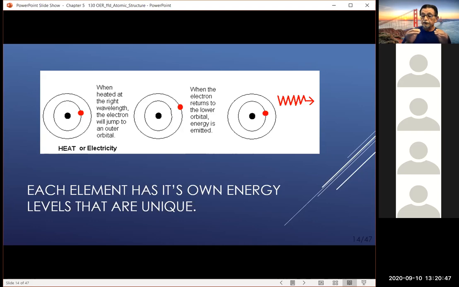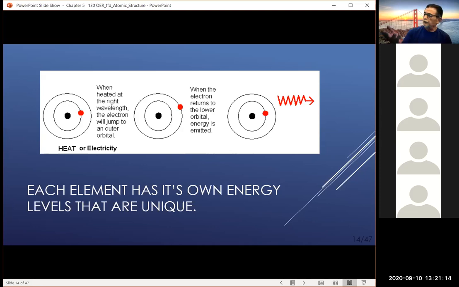So it stays up there for a little bit and then comes back down. And when it does that, it must emit the energy that it gained. A lot of times it will emit pure light, sometimes it's light and heat, but all that energy in whatever form is emitted. And that's what that squiggly little arrow represents, is the light that is given off.